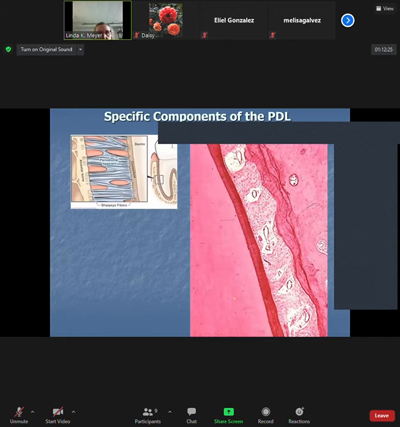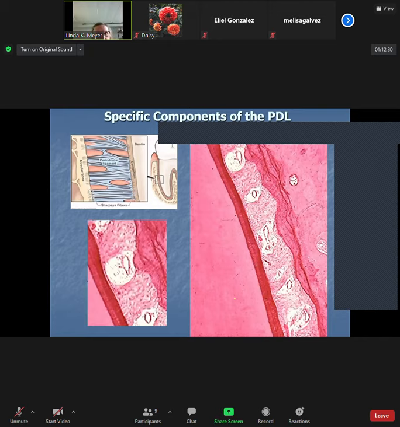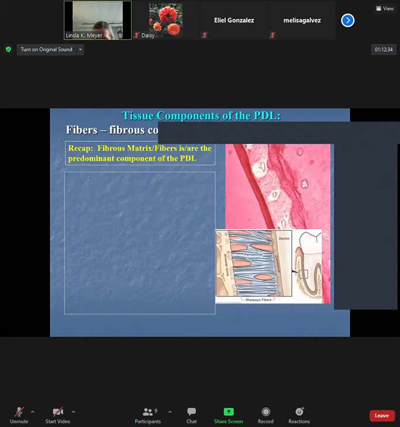So we're going to be using these drawings to label the specific components. So it's mainly type 1 collagen. Where these principal fibers are, where I pointed out earlier, the arrangement of the PDL, these are all the type 1 collagen fibers, and they're represented with this blue diagrammatic representation.